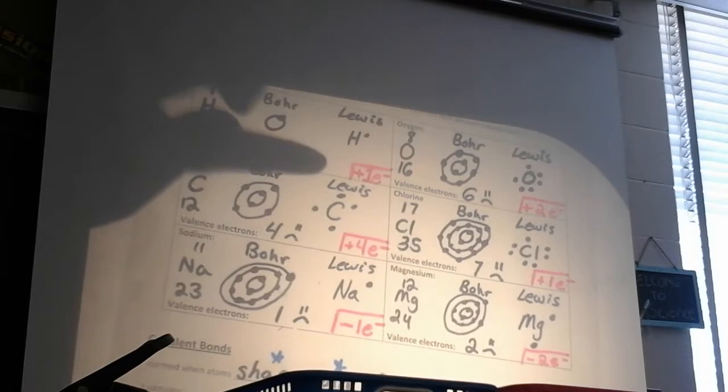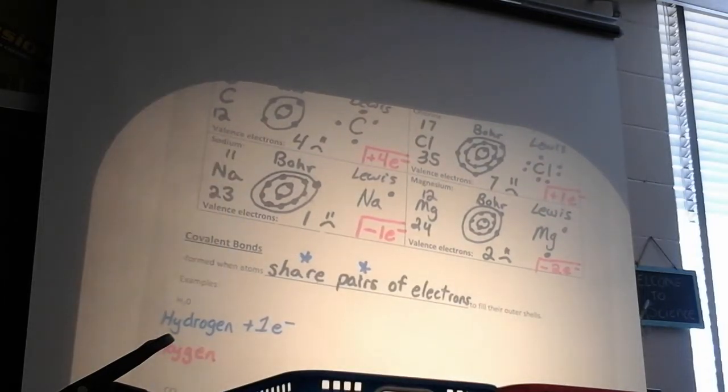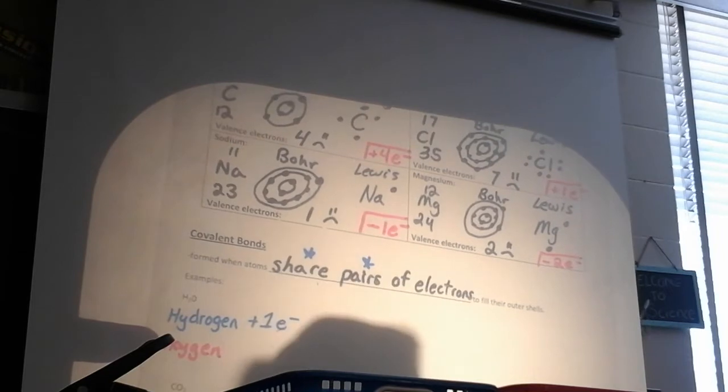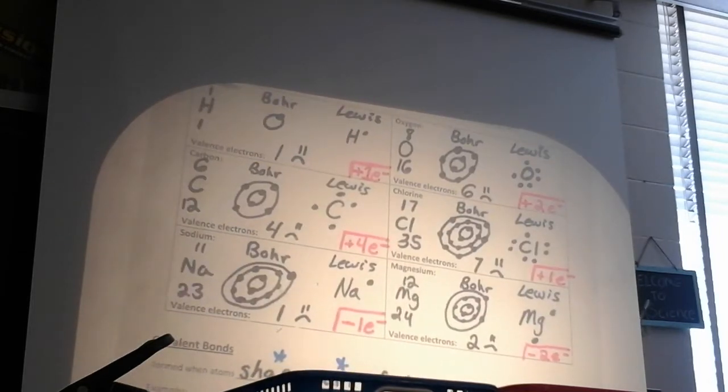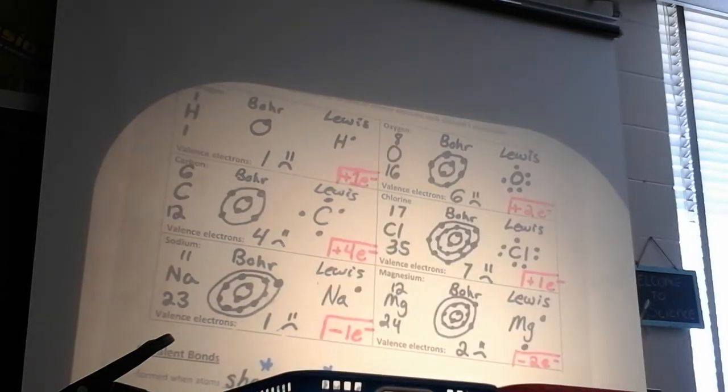Guys, let's use what we did up above. What does hydrogen need to be happy? 1 electron. Oxygen, on the other hand, needs what to be happy? 2 electrons. Yeah.